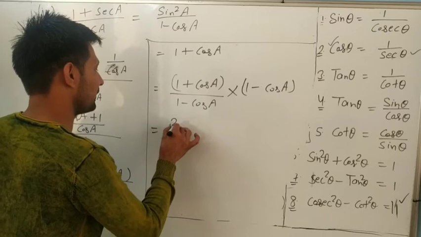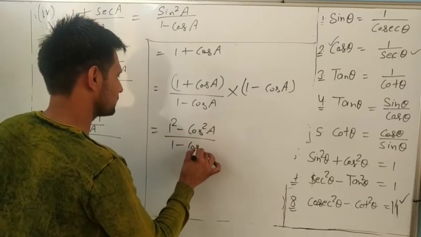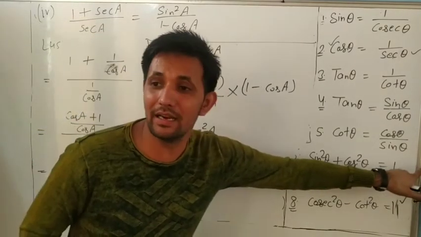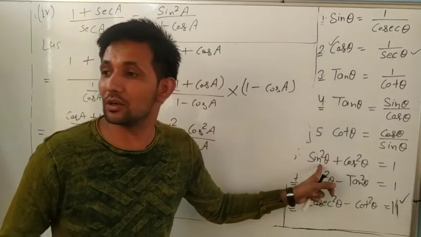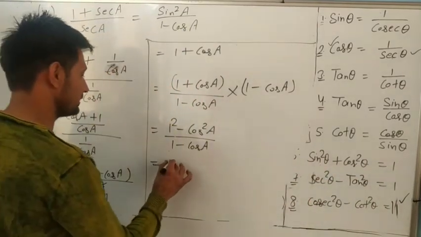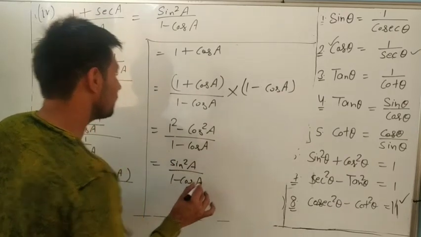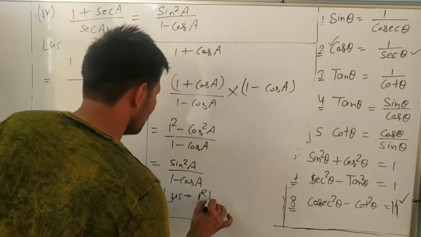Here a is 1, so 1 square minus cos square a, divided by 1 minus cos a. And 1 minus cos square a always equals sin square a. So it is sin square a divided by 1 minus cos a. Left hand side equals RHS.